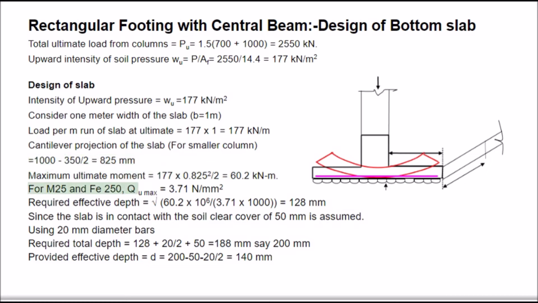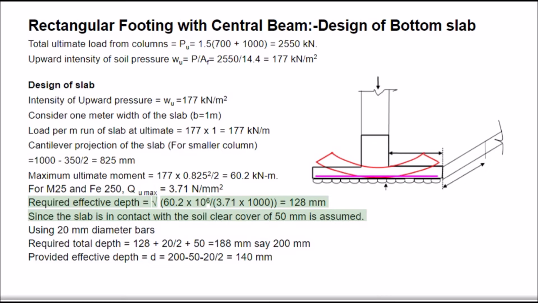For M25 and Fe 250, Qu max equals 3.71 N/mm2. Required effective depth equals square root of 60.2 x 10^6/(3.71 x 1000) equals 128 mm.